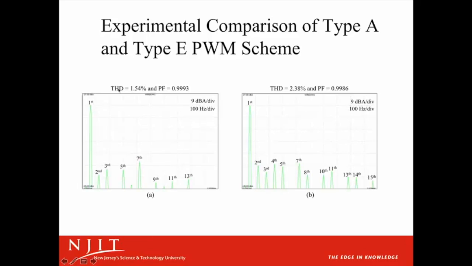Also, the THD was calculated for A to be 1.54% with a power factor of 0.9993, and type E has a total harmonic distortion of 2.38% with a power factor of 0.9986.